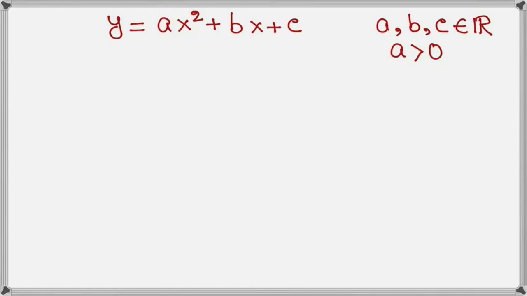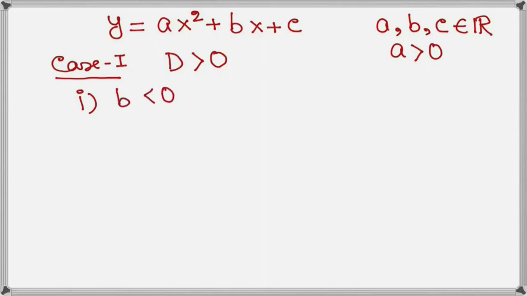And we will have three cases here. Let us take our first case to be the discriminant D strictly bigger than 0. And in every case we will have a number of subcases. Here let us take our first subcase to be b strictly less than 0 and c strictly bigger than 0.